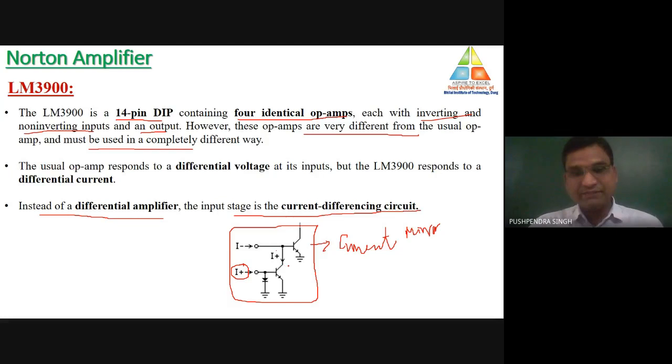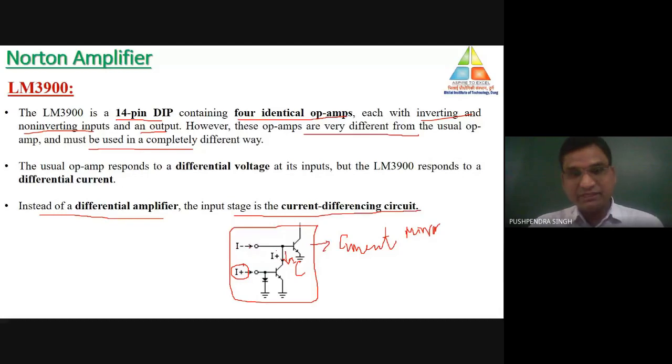As per the current mirror, the input current must be equal to the mirror image at the output. This collector terminal is the output terminal. So if it is I plus, this will also be I plus.